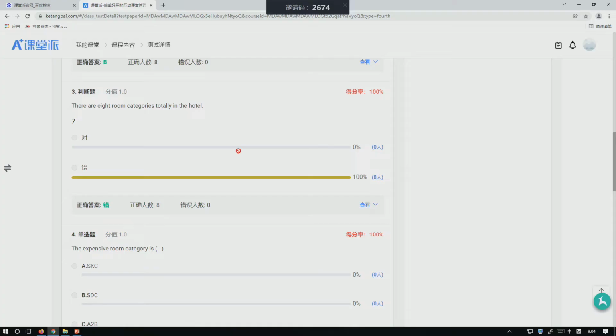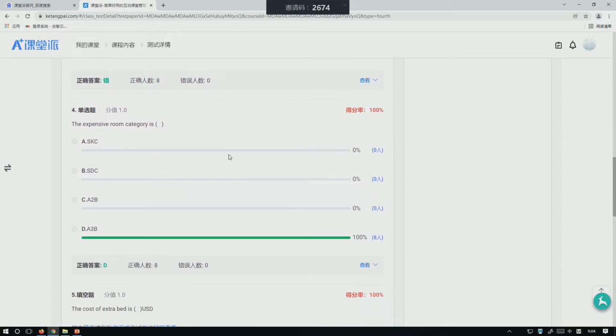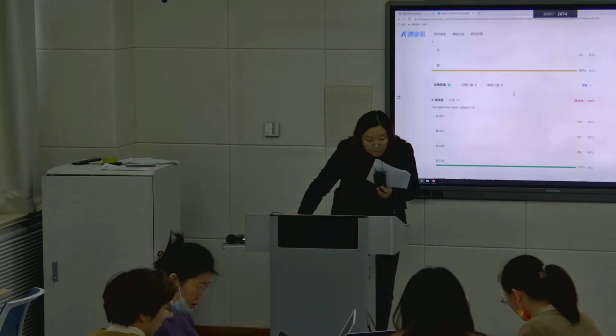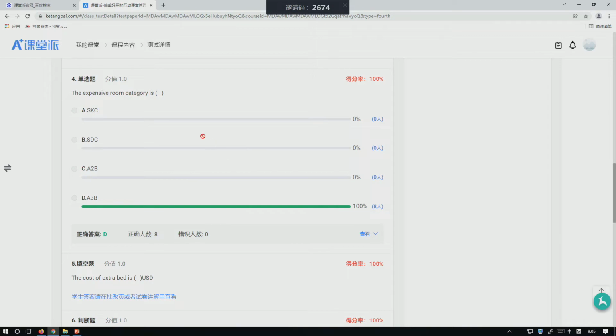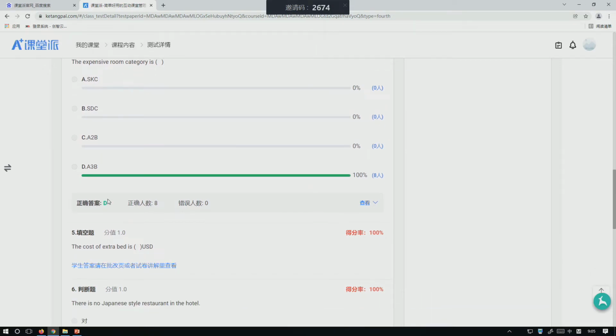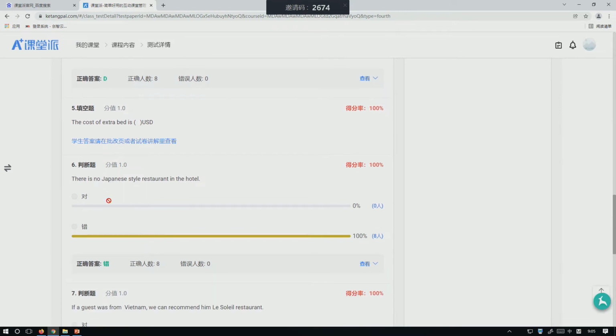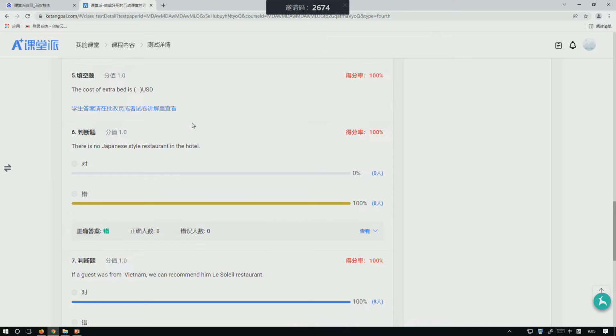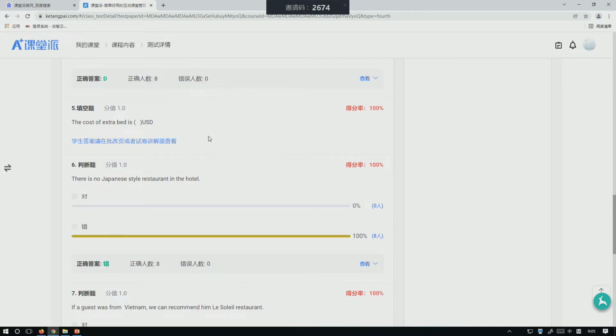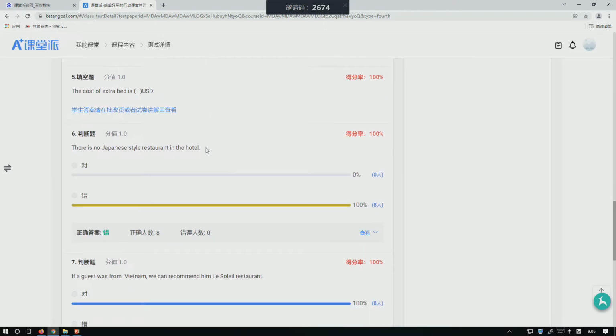It's wrong. The 7 categories, right? And the fourth one, the last answer, A3B is right. And the fifth is $80, right? Okay, don't forget.